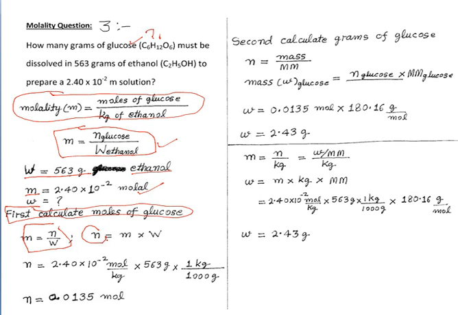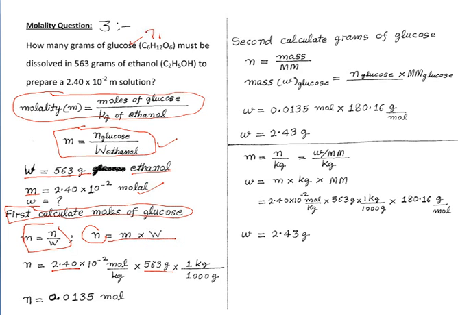So the number of moles will be equal to molality multiplied by kilograms of solvent. We know these two values from the question, so we can write the molality, 2.40 times 10 to the minus 2 mole per kilogram. This is the unit of molality. It is very important to add the unit also, and then multiply by 563 grams of solvent.